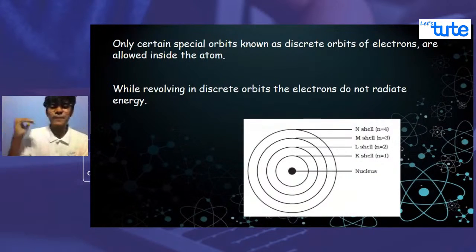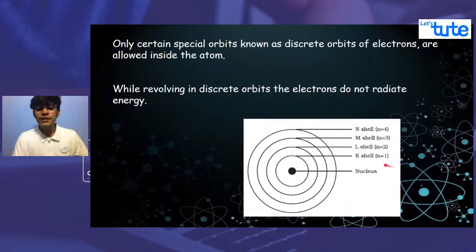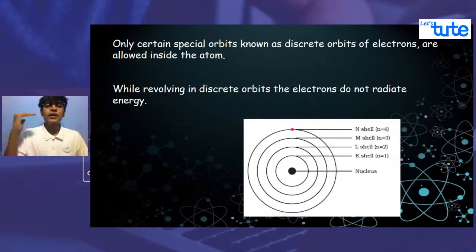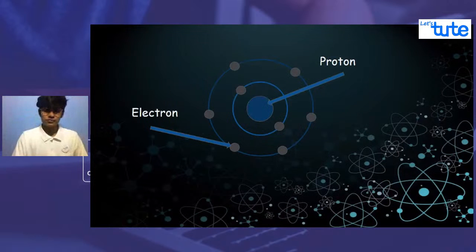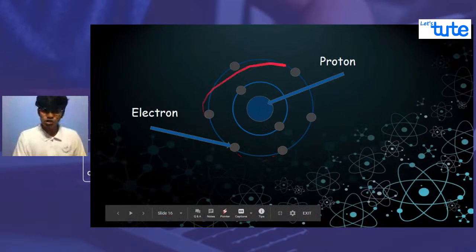So K, L, M, N, or maybe you can even number the shells. So this is the first shell, this is the second shell, this is the third shell, this is the fourth shell. So this is a representation for a particular number of orbits. So this was the whole structure which was given by Niels Bohr.